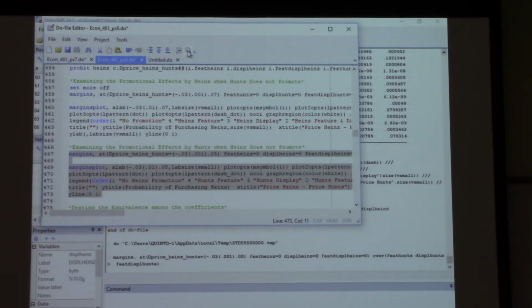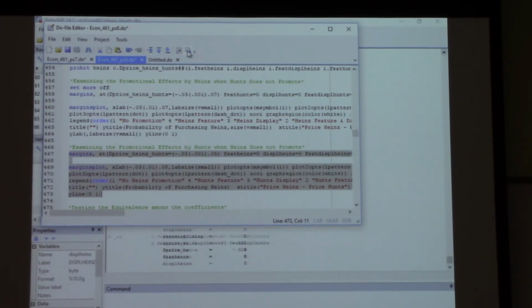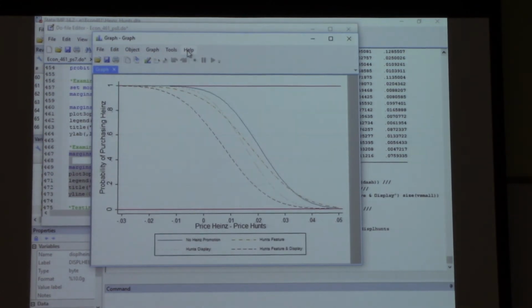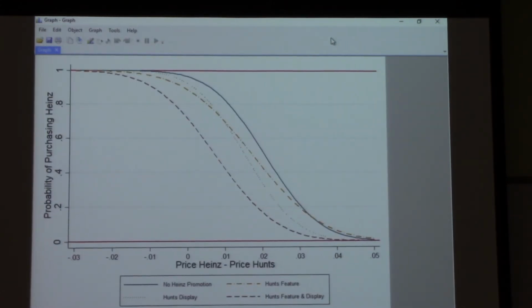And we get, now we're seeing, again, it's another angle, but now we're seeing that feature and display are really pretty close to each other.